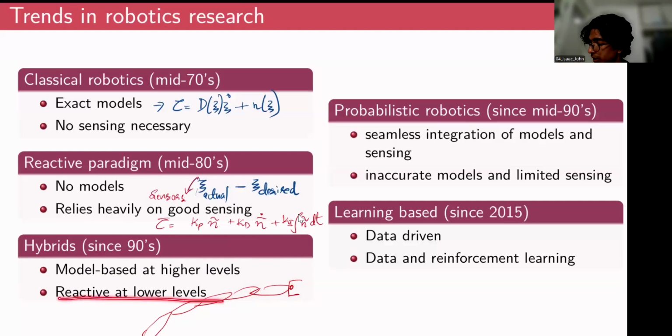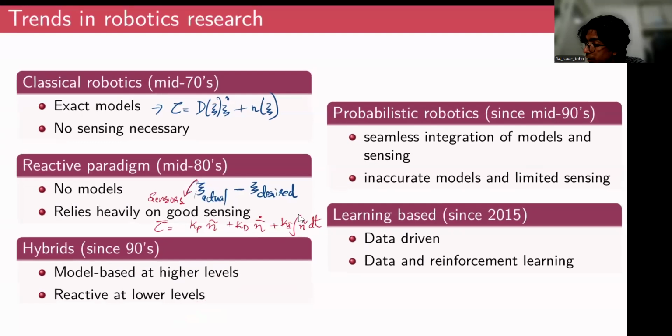That is done using the reactive paradigm at lower levels. So you can consider the higher levels to be the manipulator level and the lower levels to be the actuator level.